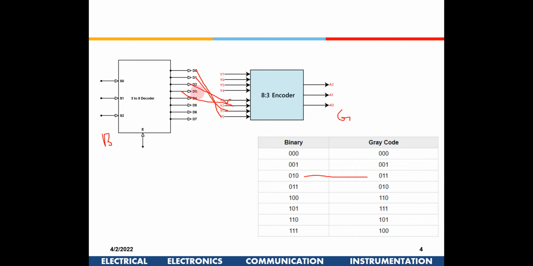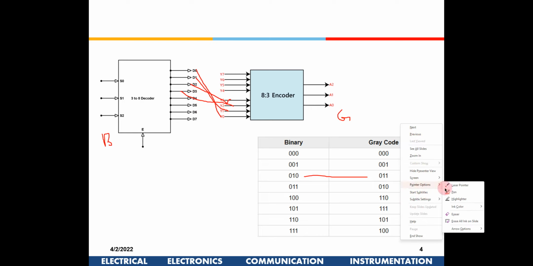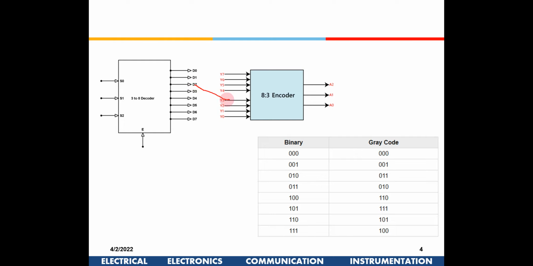So if you see here, right, this D2 is going to be connected to Y3, and D3 is going to be connected to Y2. So there is a swap here.